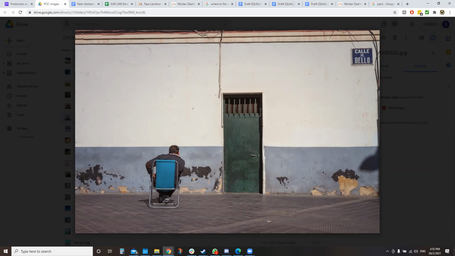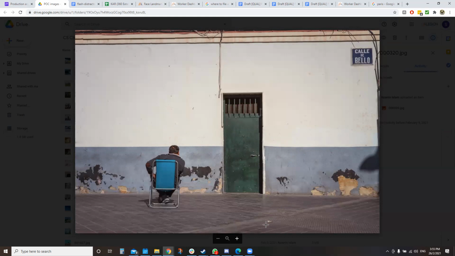The client doesn't want us to mark all these things as distractors and remove them, because the client wants us to capture all these important things in this picture. But at the same time, the client wants us to mark certain things like the wire and this rubbish here as distractors.